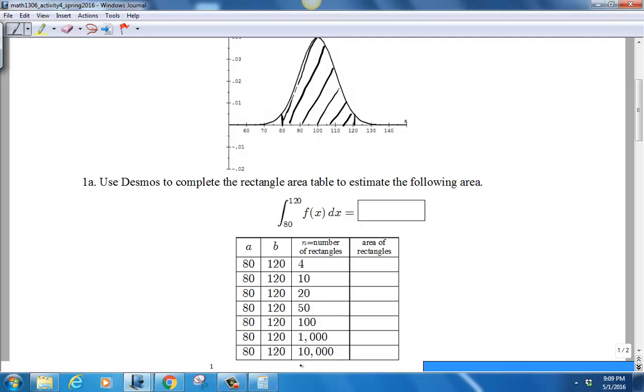So what I want you to do in this extra credit problem is to complete this table where we're going to approximate this area by using rectangles, starting with 4 rectangles and then going all the way up to 10,000 rectangles, and then use this table to get an estimate for what this area is underneath this density function between 80 and 120.